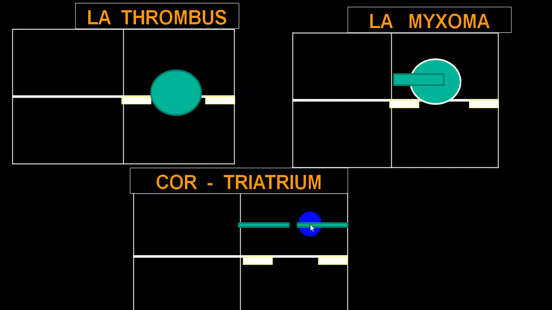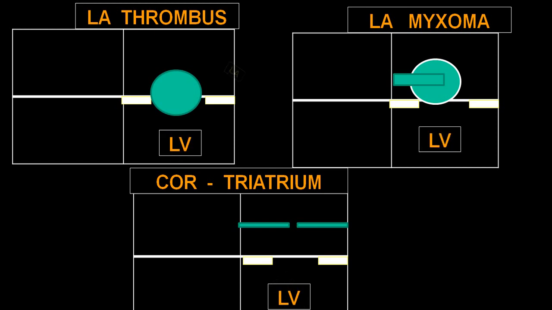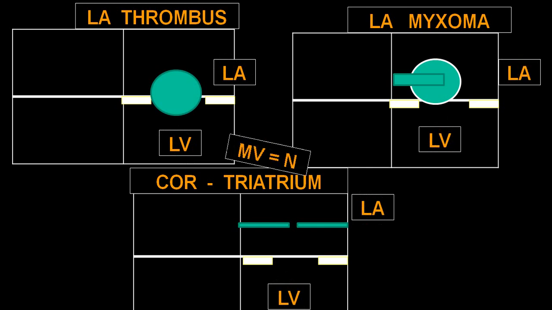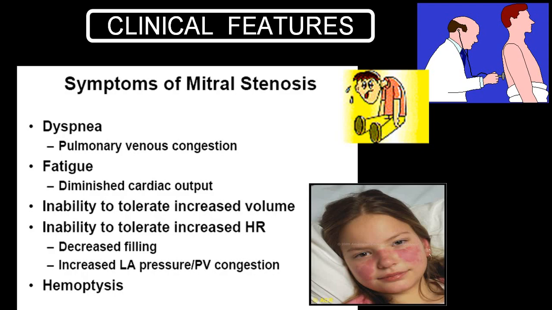And this works identically like a mitral valve, but the mitral valve here is normal. So that is cor triatriatum. This is LV, and that is LA. The mitral valve is normal in all these three conditions.